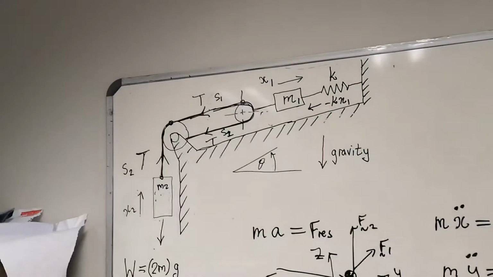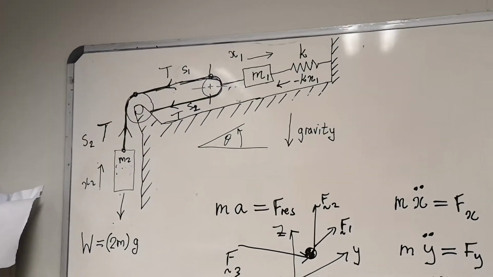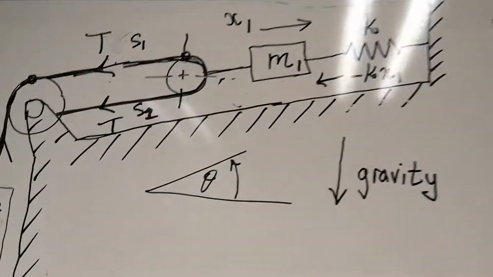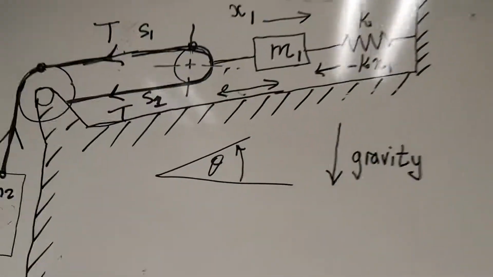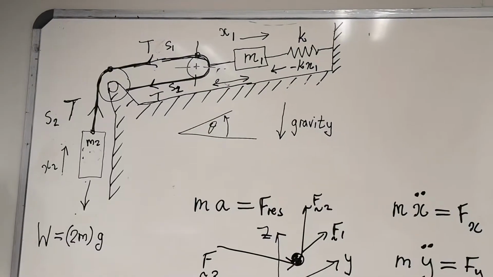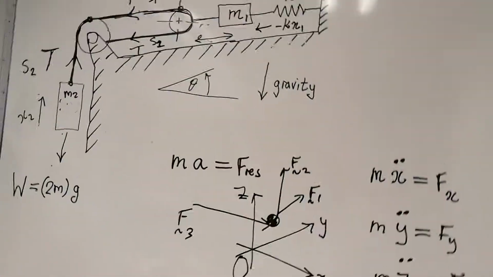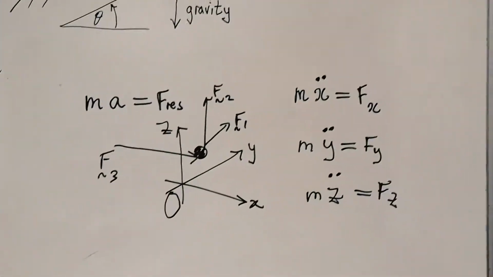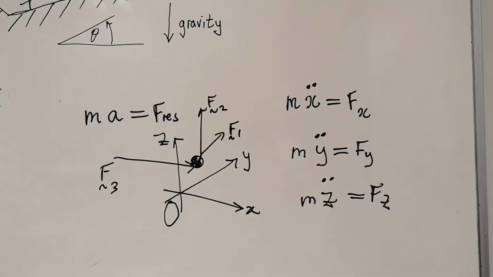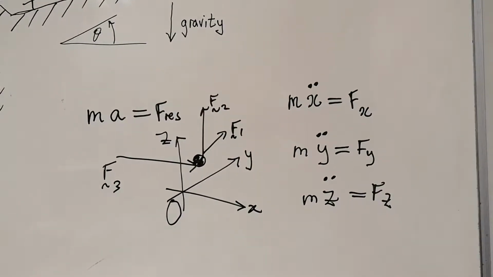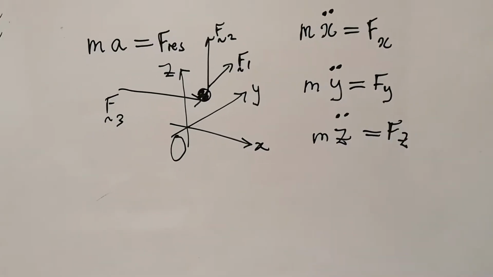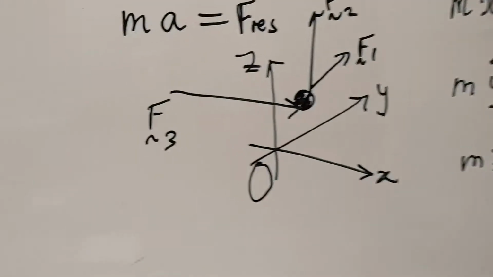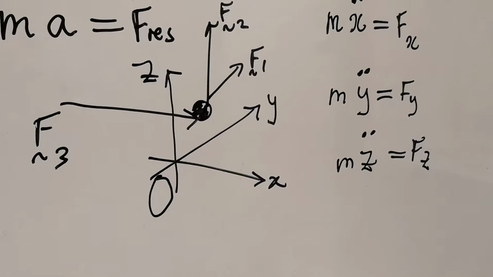So in this particular problem, the mass m1 is specifically constrained to move in this direction only. So we would only have a corresponding Newton's equation for that particular direction. If there are three directions that the mass could move in, we would have three equations. An equivalent system that you would have to have is for the angles.